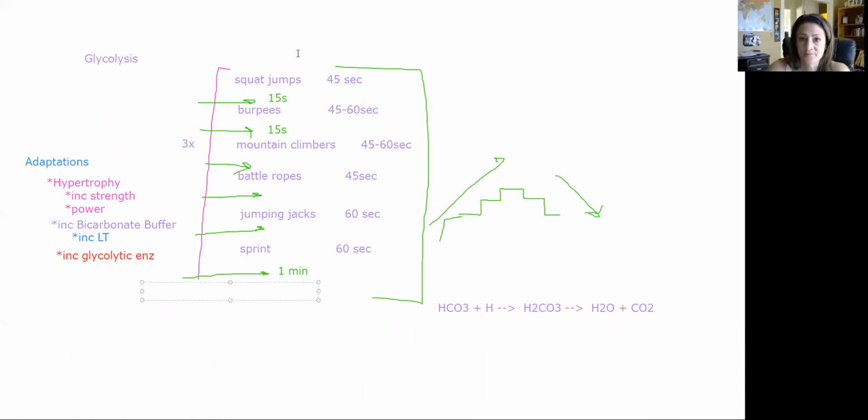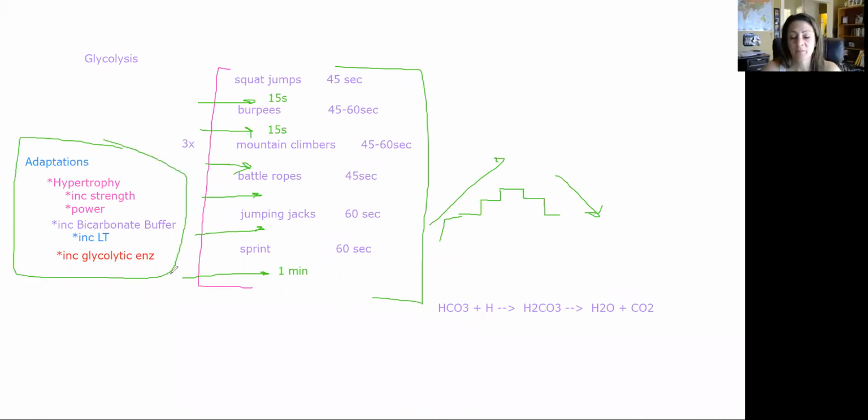So comparing the adaptations for training this system to adaptations in training the ATP PCR system, what are your thoughts? What do you notice?